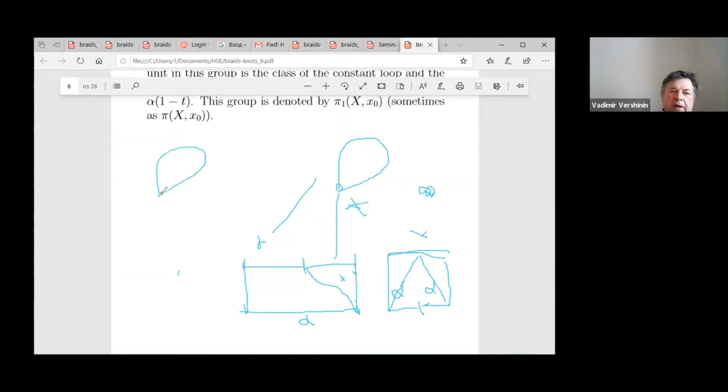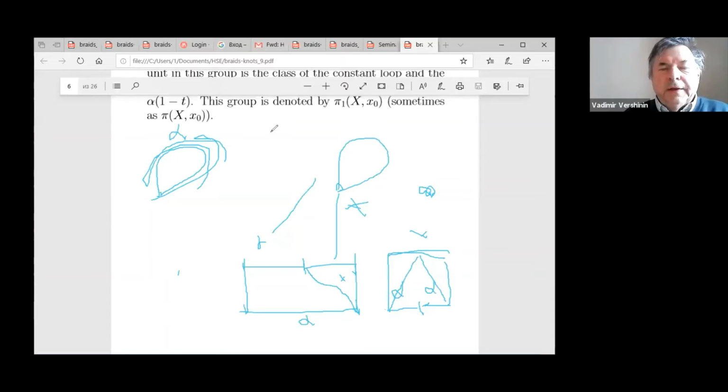So formally, what is the product of alpha and alpha inverse? You go alpha, say this way, and then alpha minus 1. You are not going to run this and back, but up to homotopy, you can go this way, and this way, and finally this is homotopic to the constant.